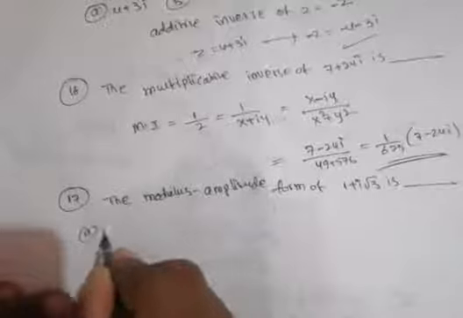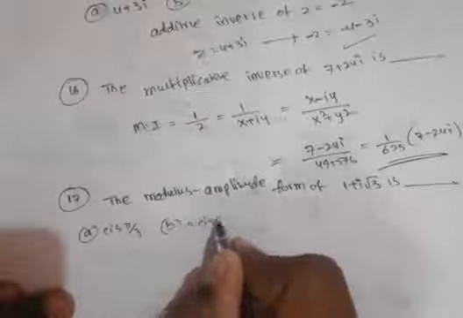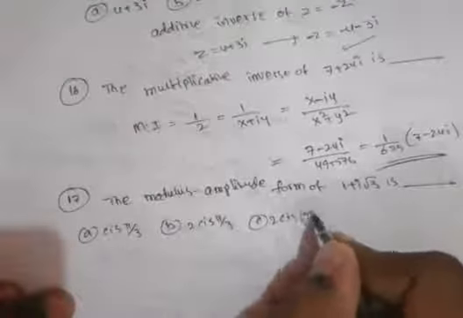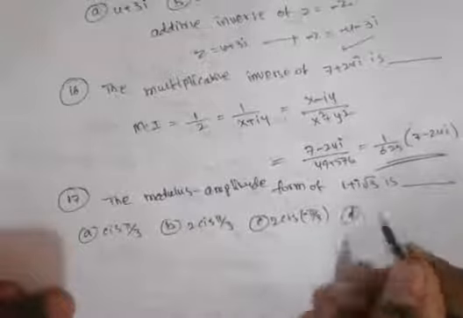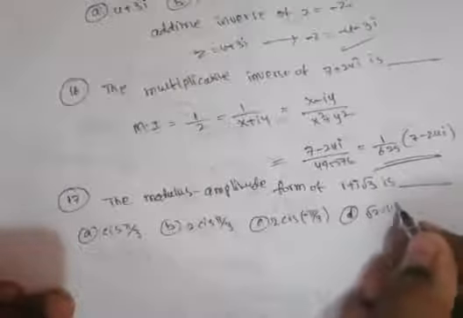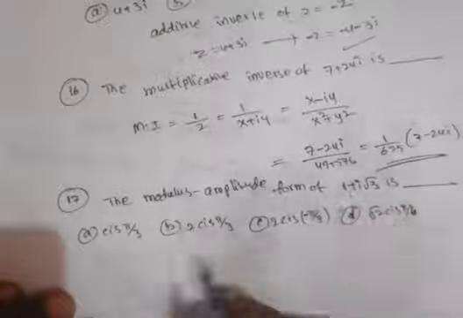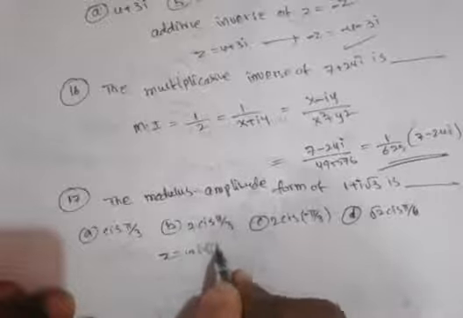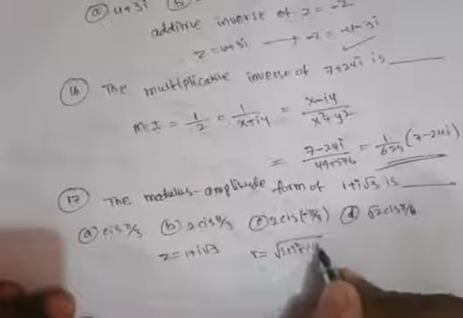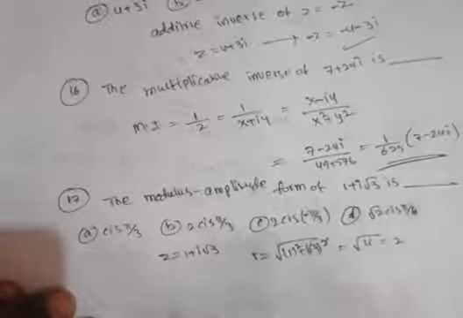Option A cis pi by 3, option B 2 into cis pi by 3, option C 2 into cis minus pi by 3, option D root 2 into cis pi by 6. Here z is given as 1 plus i root 3. You can find r is equal to under root of 1 square plus root 3 whole square, which is root 4, that means 2.